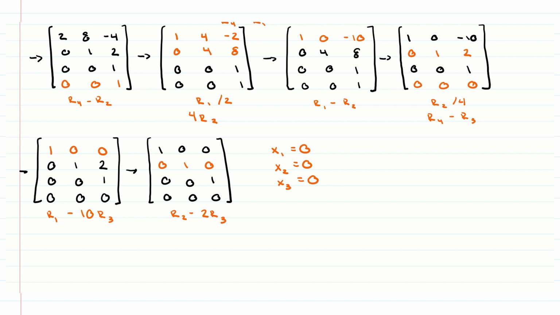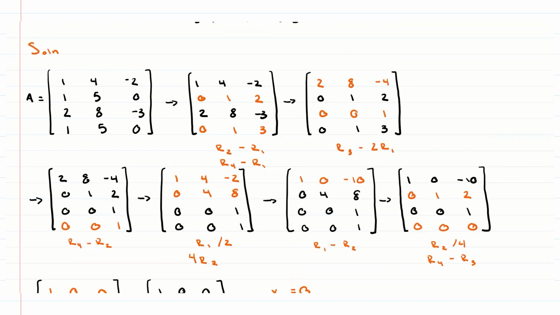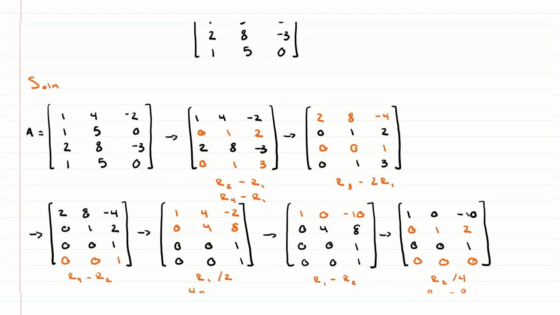So we're going to put our original matrix in the form Ax equals 0. Our original matrix was this one here.